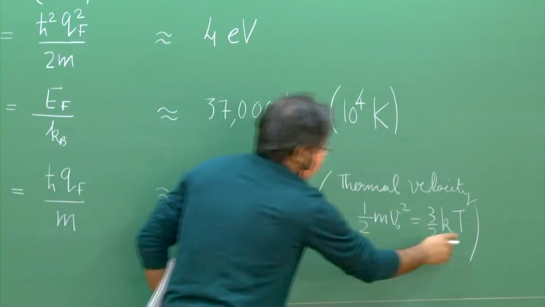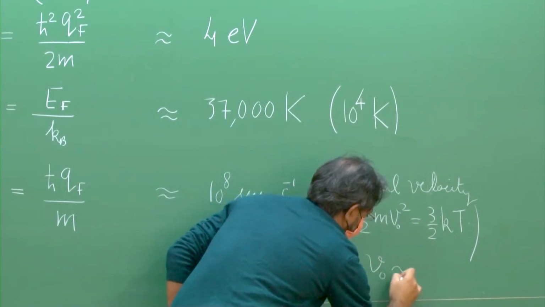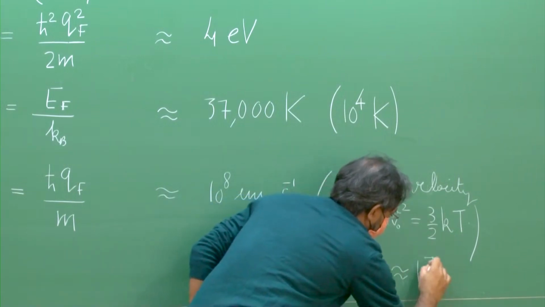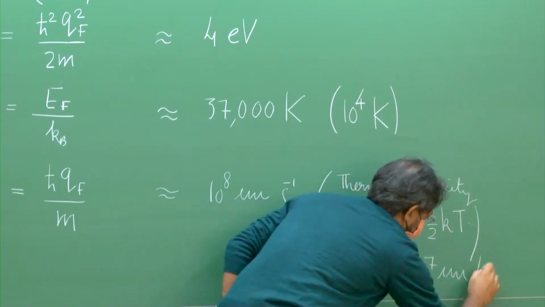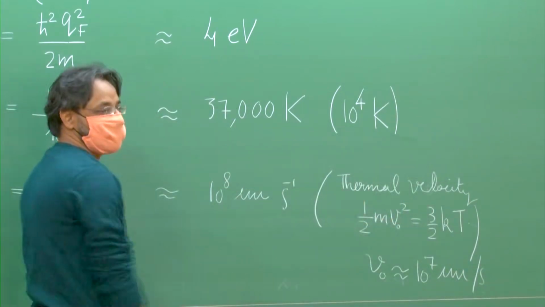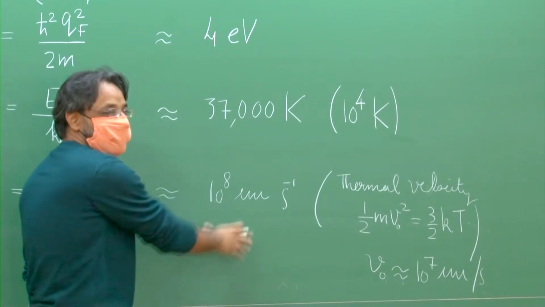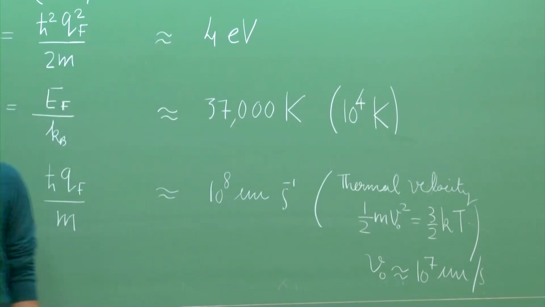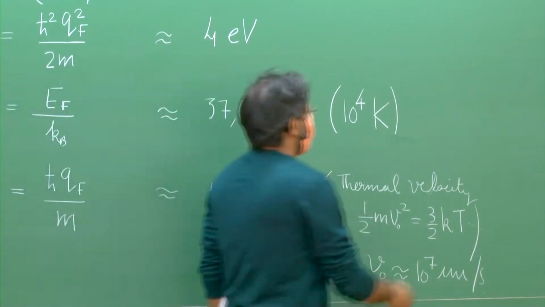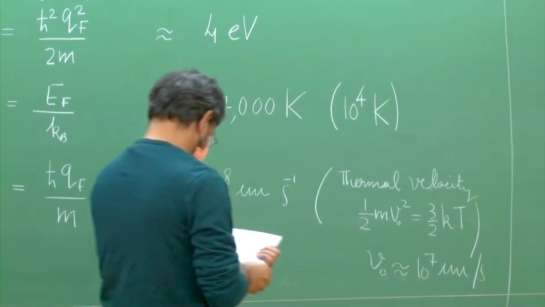Even at room temperature V naught is of the order of 10 to the power 7 centimeters per second, which is lesser than the Fermi velocity at 0 temperature. This is the velocity at 0 temperature, remember, because all these are the properties of the ground state. Okay.